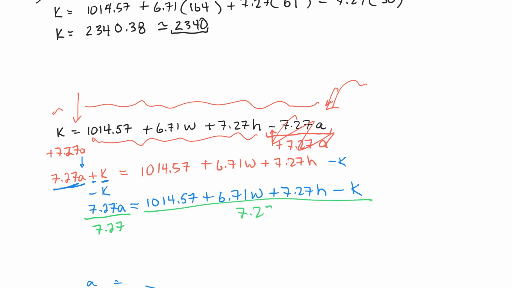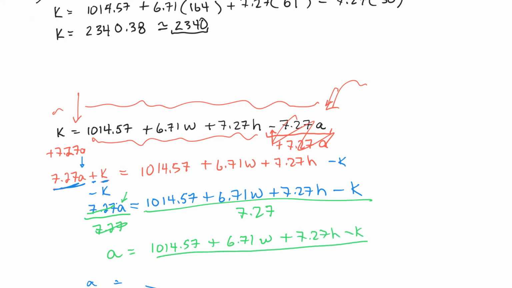Notice I'm not dividing them by 7.27A, like I made that mistake there just because I was talking about it, because I want the A to stay there, so I want to cancel what isn't an A. So that will leave me in the end with A is equal to 1014.57 plus 6.71W plus 7.27H minus K, all divided by 7.27. Quite a bit of work to do that.